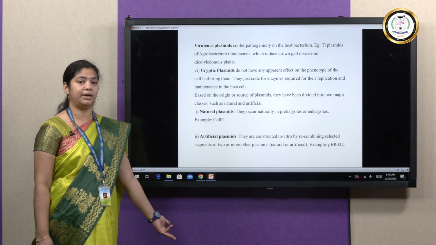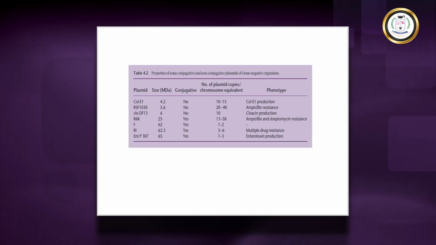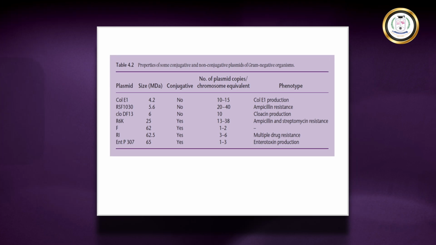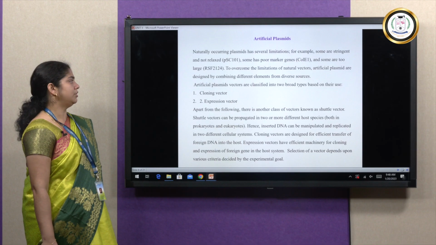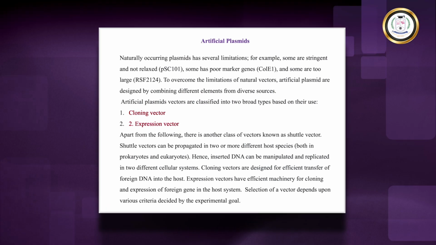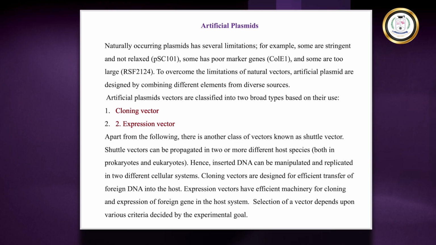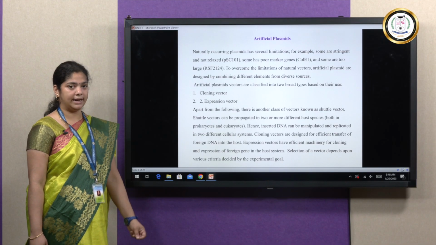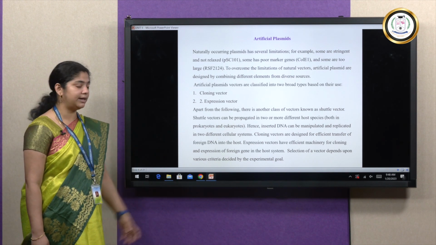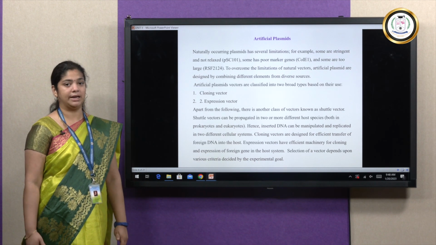These artificial plasmids are the ones we are going to use for recombinant DNA technology. An example is pBR322, the first plasmid that was identified, and it can be used to clone DNA. Among these artificial plasmids you have two types, cloning and expression vectors. A cloning vector is used to modify a target genome by inserting a target gene sequence into the plasmid, whereas the expression vector is used to express the protein of interest, that is, recombinant protein expression can be obtained.